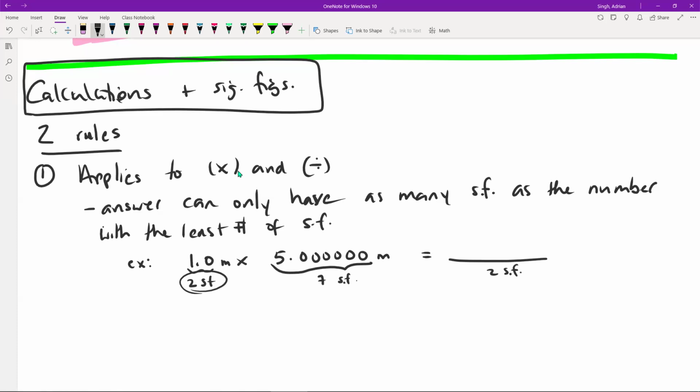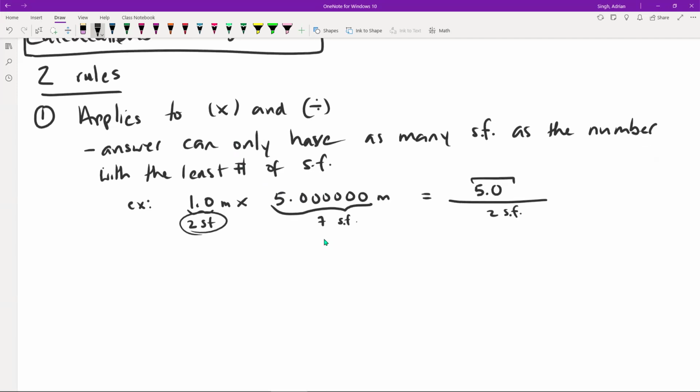So obviously 5 times 1 is 5, but this has to have 2 significant figures. I need to add that 0.0 there at the end, right? So this has 2 sig figs. That's the rule. For multiplication, it's the same rule for division. So what we're doing here is looking at the number with the least number of sig figs, and that's the number of sig figs you want to round your final answer to when you perform the operation.